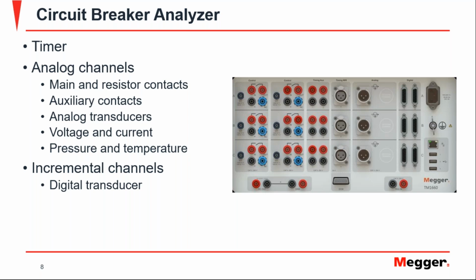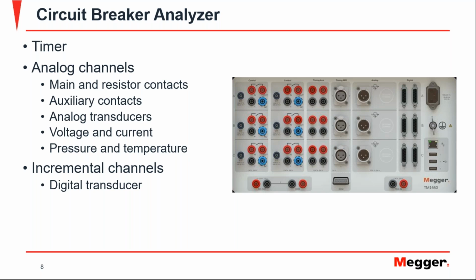Well, a circuit breaker analyzer is kind of an oscilloscope, a very advanced oscilloscope that has several channels with input for analog signals or digital signals, and it also has a timer.